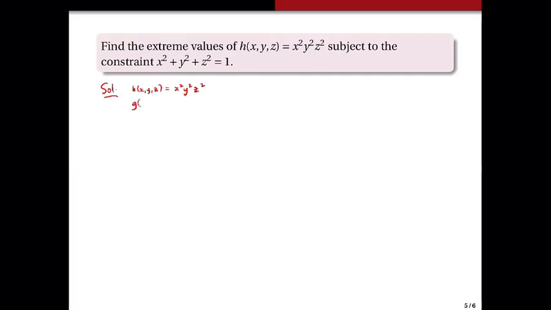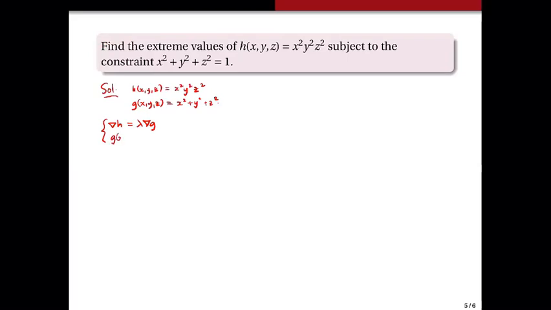Then you can let your g of x, y, z, a function of three variables, be x squared plus y squared plus z squared. So in here, we will have the gradient of h. We need to solve this system. Gradient of h equals lambda gradient of g.